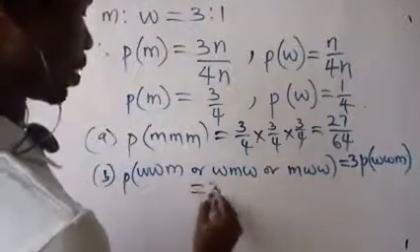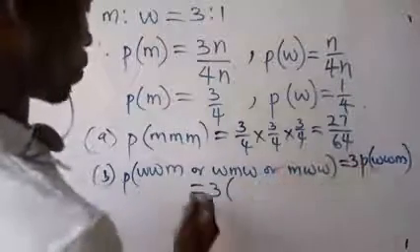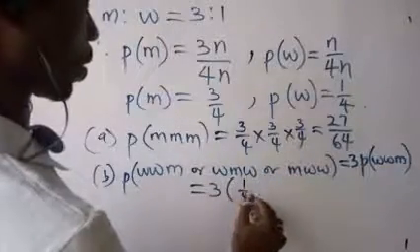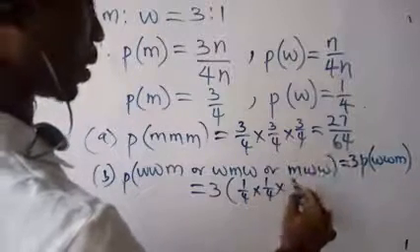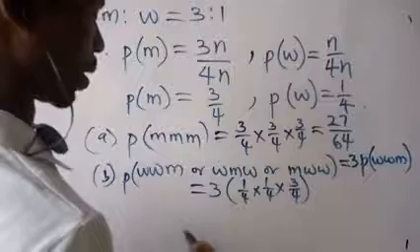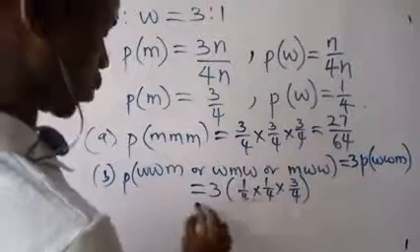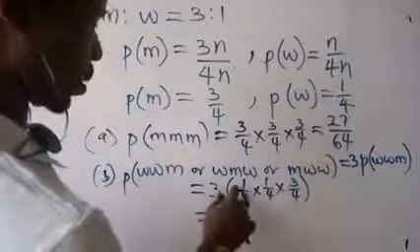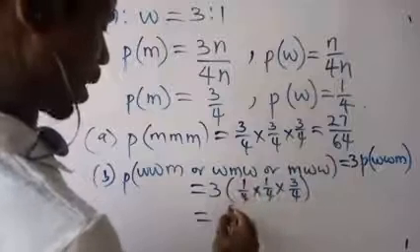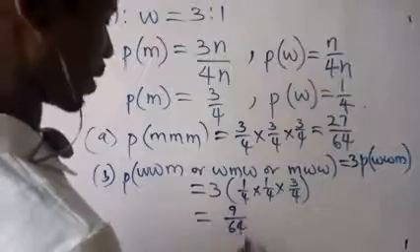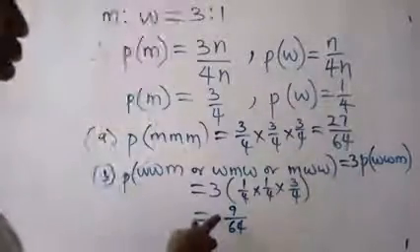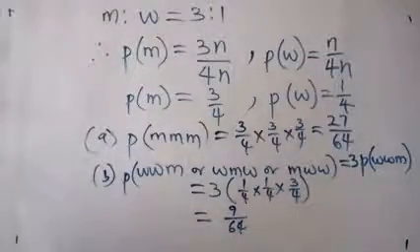That will give us 3 times the probability of picking a woman, which is 1/4, times 1/4, times 3/4 for picking a man. And when you multiply this, multiplying the numerators will give you 9 out of 64. That's 9/64. And you can't cut this any further. And that is the answer.